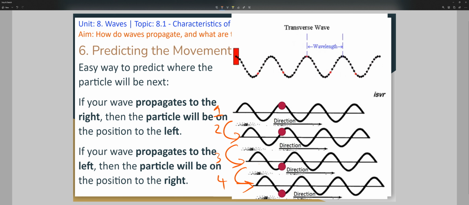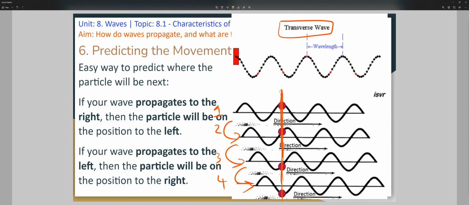In each image, you'll see that the wave moves to the right, but the particle itself is staying on a line. The particle can only move either up or down. That's essentially what's happening here. As the wave moves to the right, because it's a transverse wave, this particle can only move up or down. So it's going to either stay on this line over here.